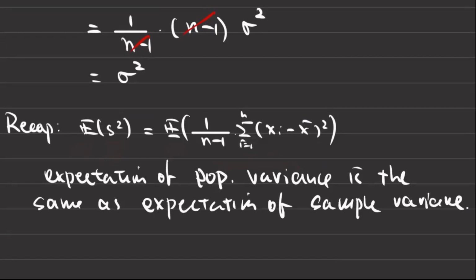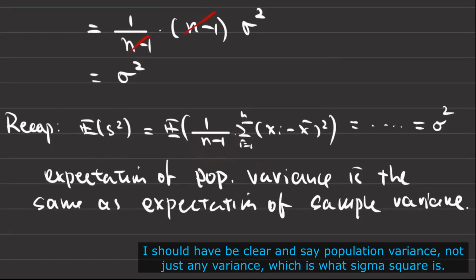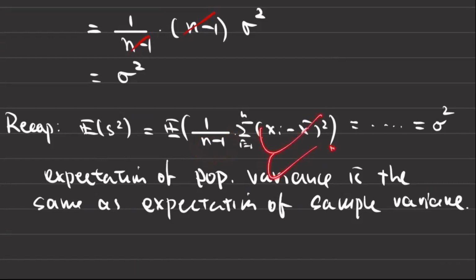And we did show that, right? Because throughout the derivation with this correction term, n minus 1, we're able to show that this thing in the end happened to be sigma squared, which is exactly the variance. It's not some other weird term that doesn't equal the variance, right? It's exactly the variance itself, which means this equation holds true.